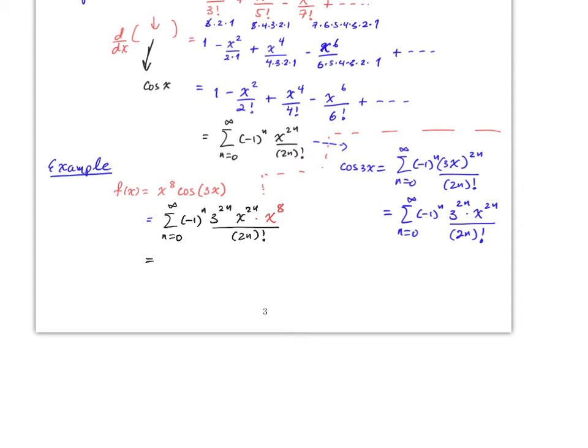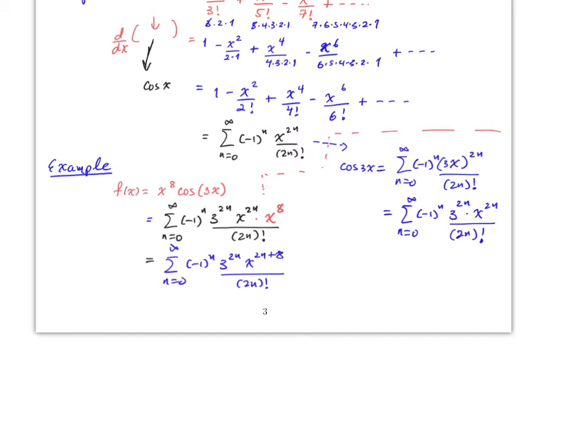Then if you simplify this, it will be the sum from n equals 0 to infinity, negative 1 to the n, x to the 2n plus a, and everything divided by 2n factorial.